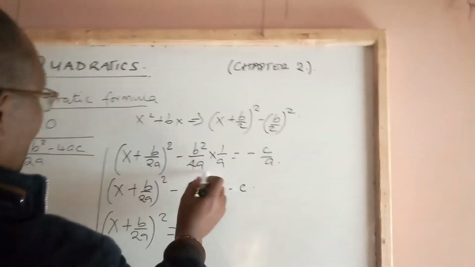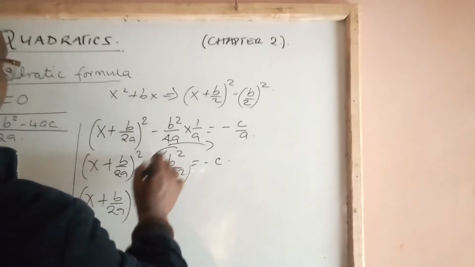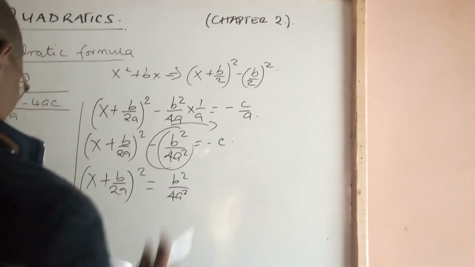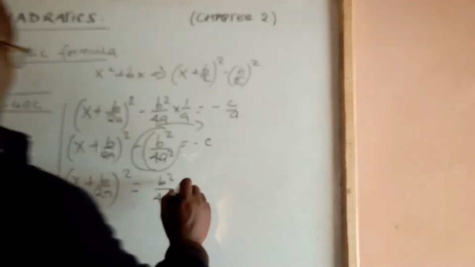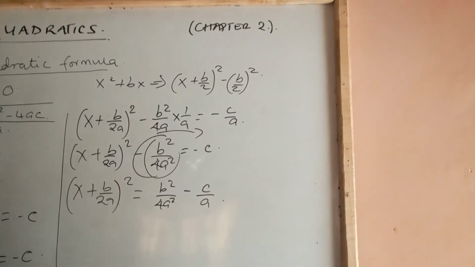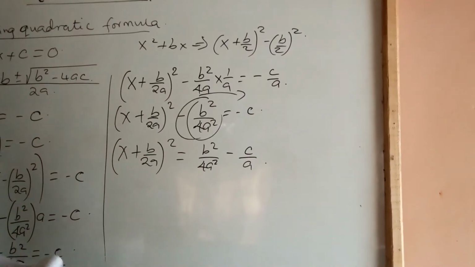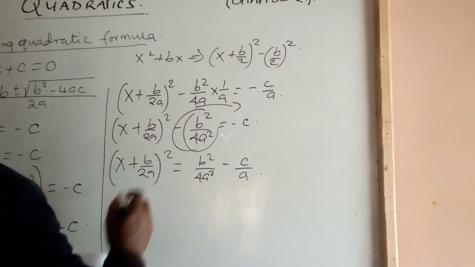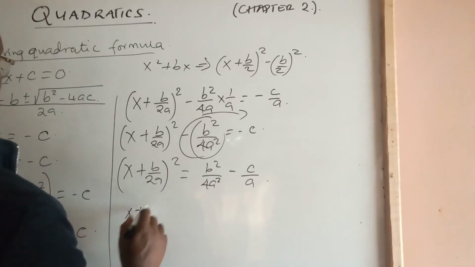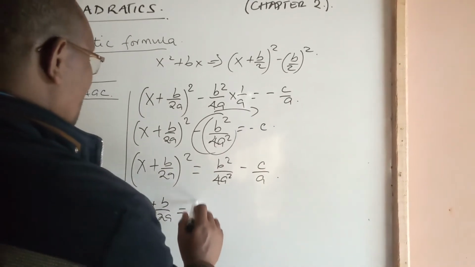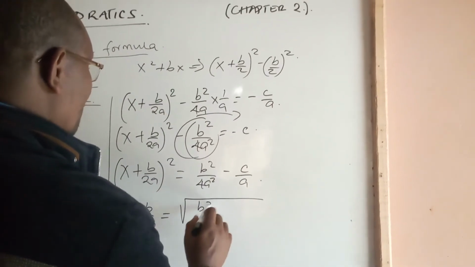But at this point now, we can have x plus b over 2a, still squared, equals, if you bring the whole of this part across, b squared over 4a squared minus c over a, getting the square root of both sides. We have x plus b over 2a equals the square root of b squared.